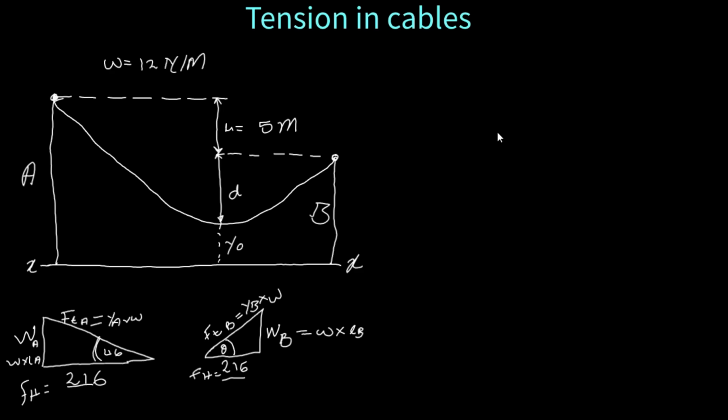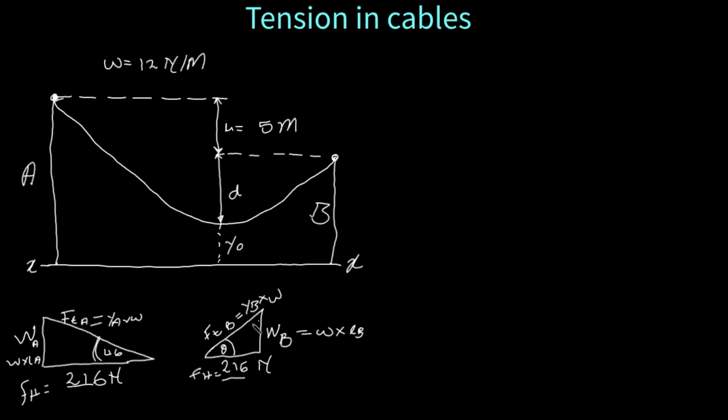We are also given the minimum tension in the cable, and you know that the minimum tension in the cable is FH, which is 216 newtons. And we know that FH is the same throughout the cable. So it's going to be the same this side and this side.